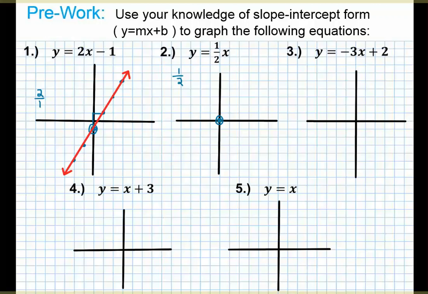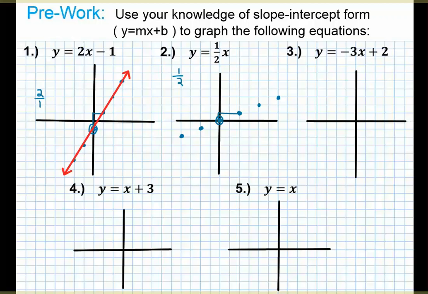Like you could write this as y equals x/2, but it doesn't show the slope, right? This shows the slope. So I'm going to go up 1/2. Not up 2/1, it's up 1/2. Up 1/2. I could go down 1, left 2, down 1, left 2, and those would both work out.